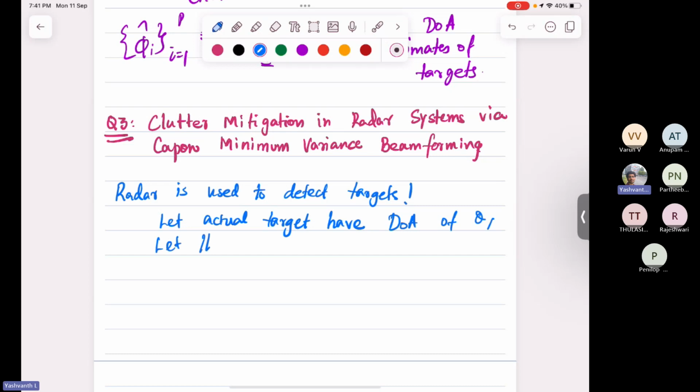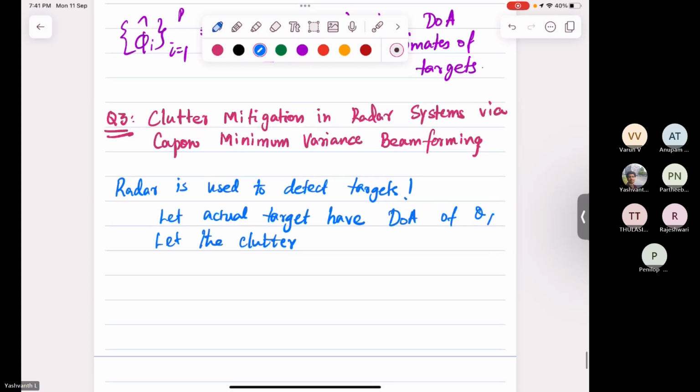Let the clutter, I'll tell what a clutter is for those of you who are not familiar, have a DOA of theta2. So clutter can be imagined, for the purpose of modeling, as noise. In addition to receiving a signal from the actual target, you also get some noise from some other sources from some other angles.